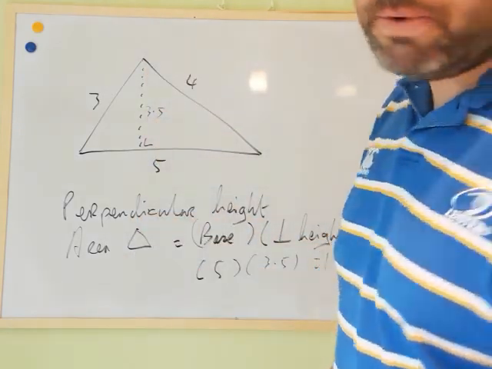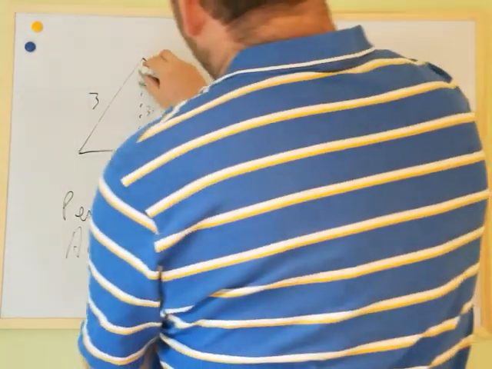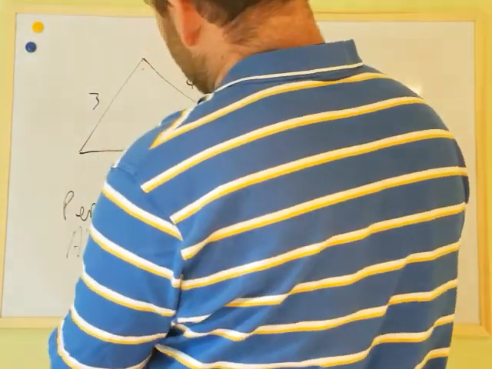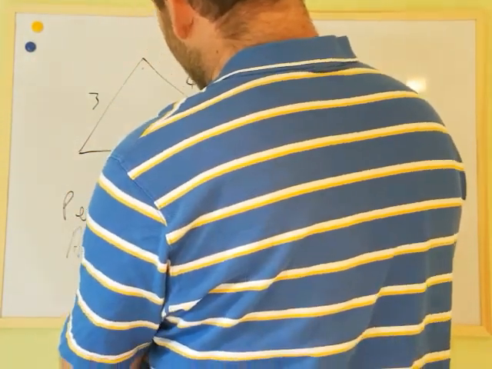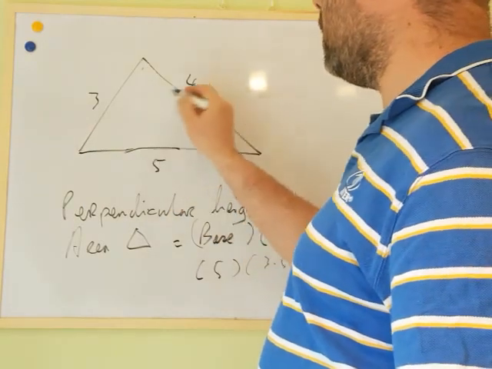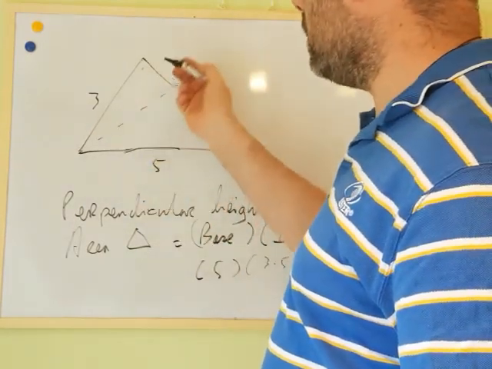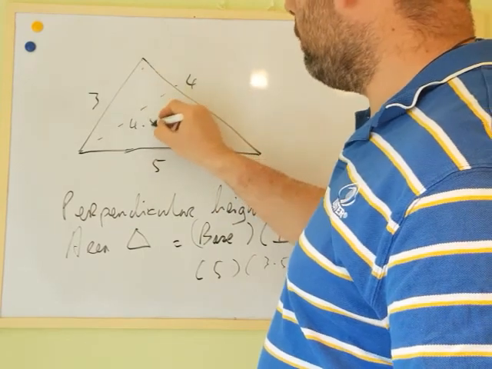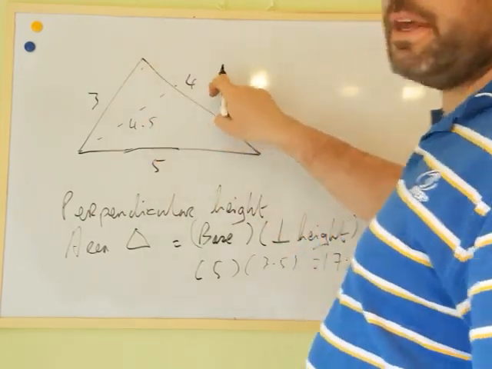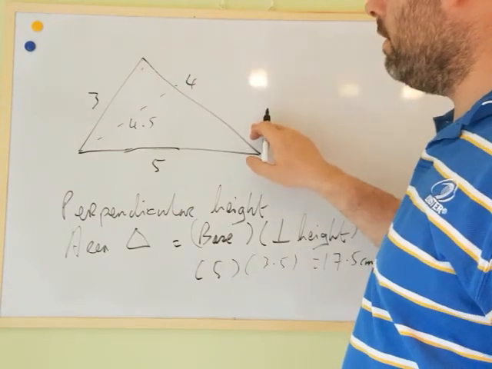Now, I just would like to point a few things out. We say base, but if I knew the height from here, say if I knew this line here, we'll call it 4.5, then I would multiply 4.5 by this, because this would be the base now. Okay?